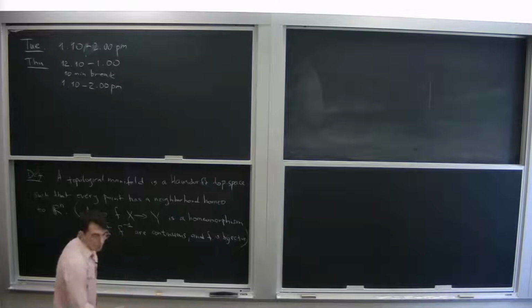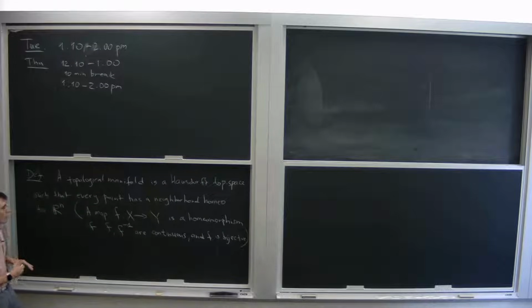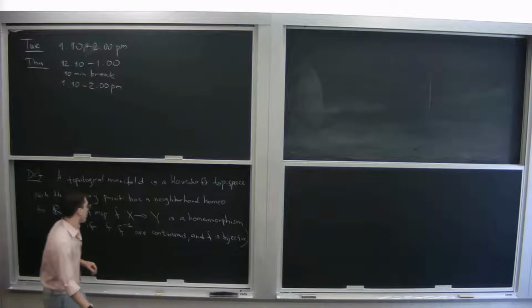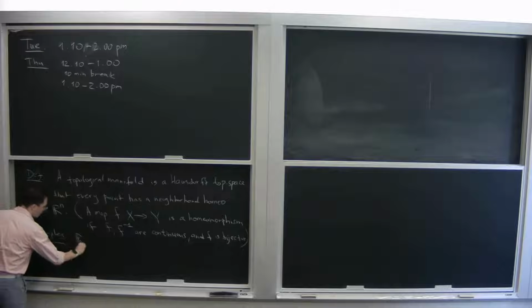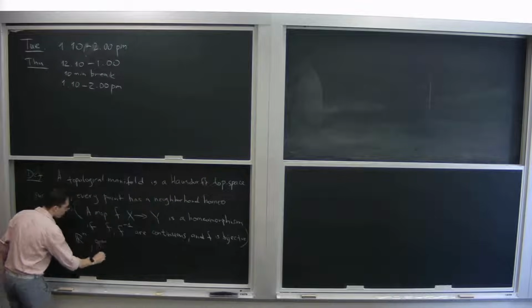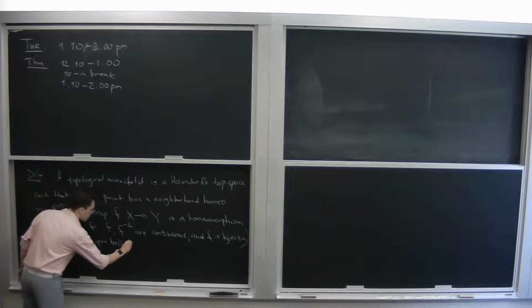I will remind some other topological constructions later, but certainly typical examples are definitely Rn, and the open ball. Here I'm already introducing some notation that we'll use.